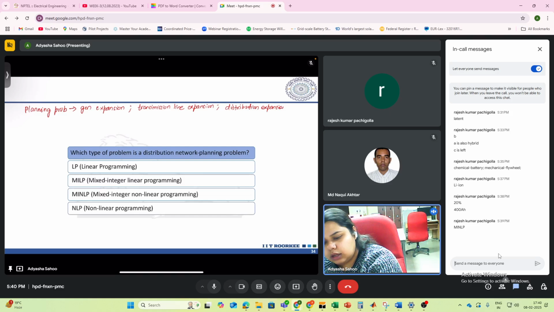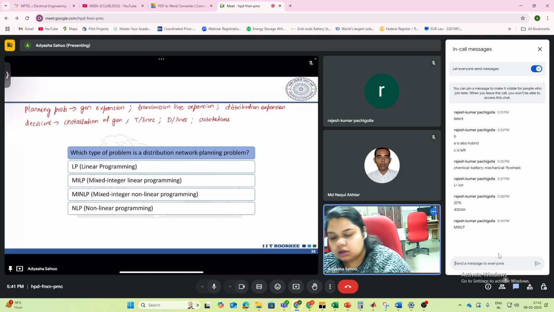So a planning problem basically means we consider the various decisions such as installation of various new components, such as installation of generators in generation expansion planning, or installation of transmission lines in transmission line expansion planning, or installation of distribution lines or substations, breakers, and rest all things.